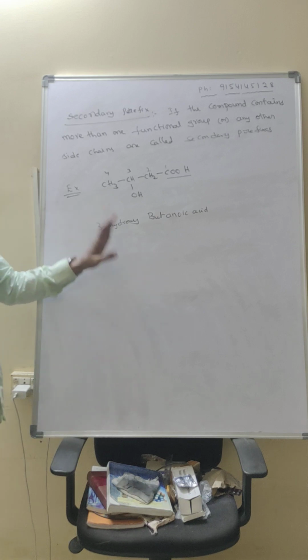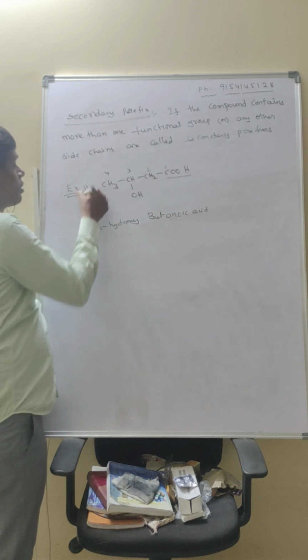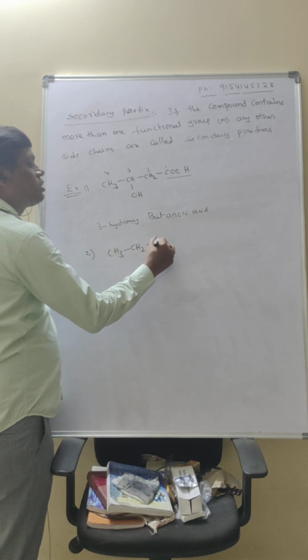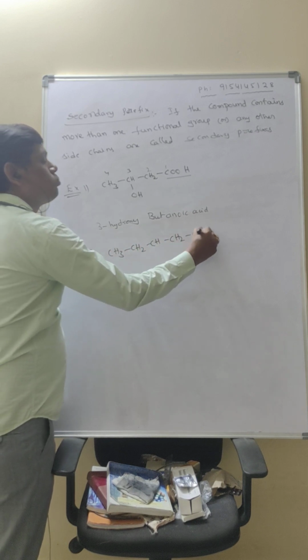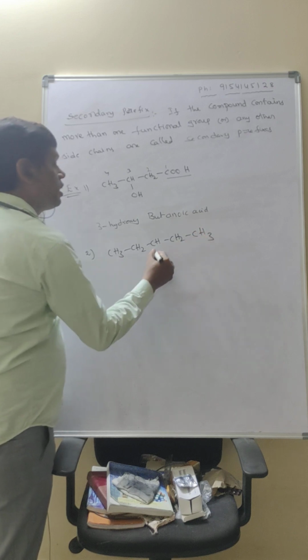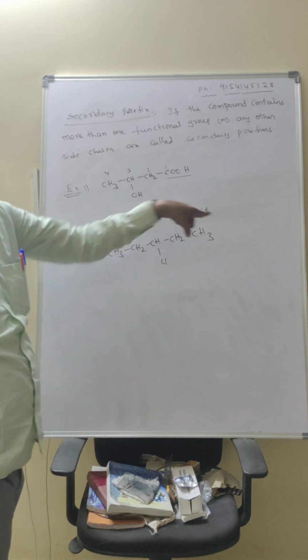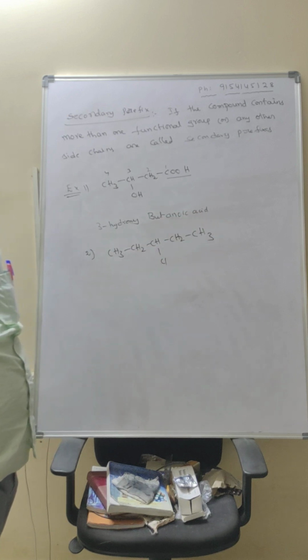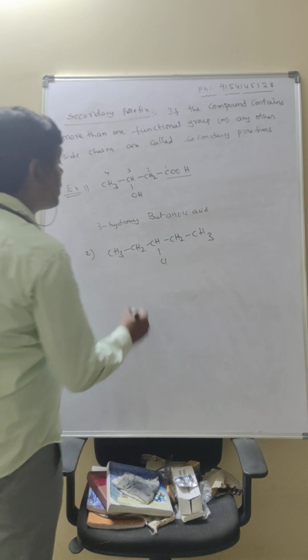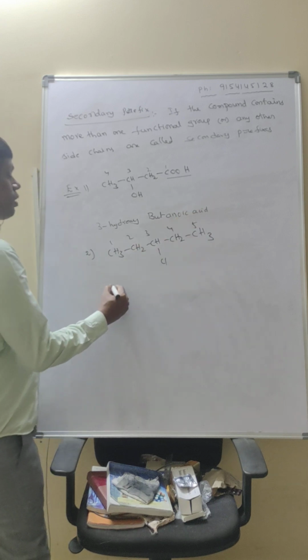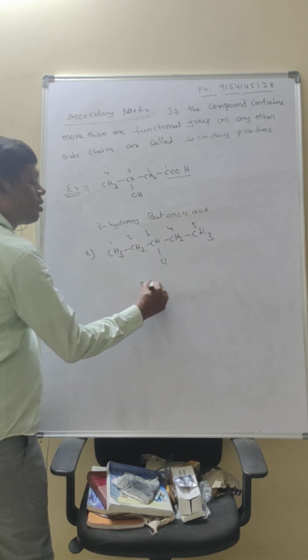The compound doesn't contain any functional group, but side chains are there. How is it named? CH3, CH2, CH, bond CH2, bond CH3. Here chlorine is there. Chlorine is not a functional group, it is a side chain. How do we write its name? 1, 2, 3, 4, 5: 5 carbons means pent.